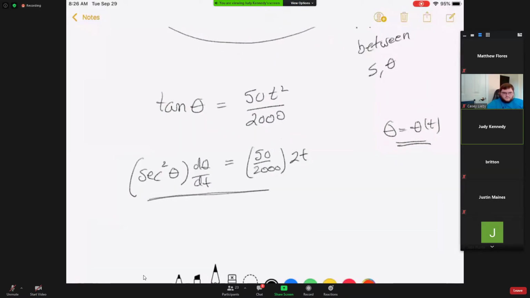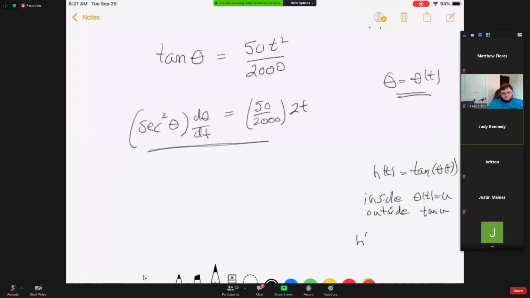Well, let's go through why that d theta dt is there carefully. You've got this function, I'll just call it h of t. Remember, theta is a function of t. So this is composition: the inside function is theta of t, which we call u. The outside is the tangent of u.